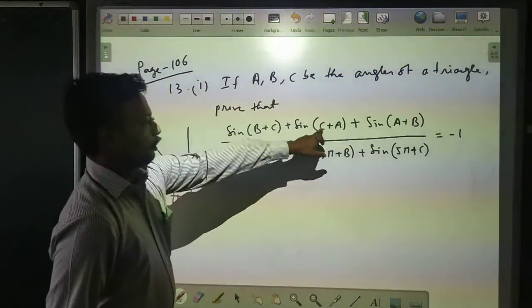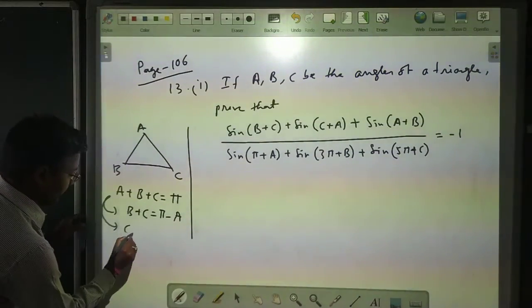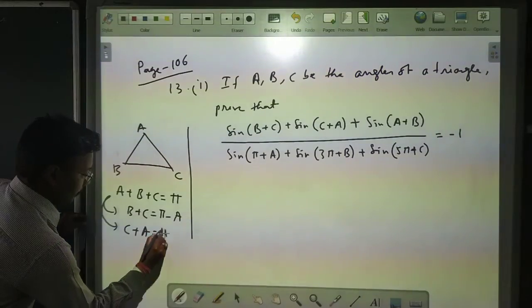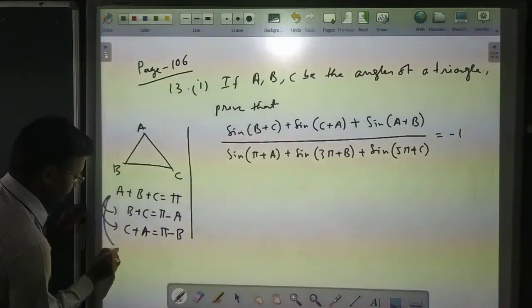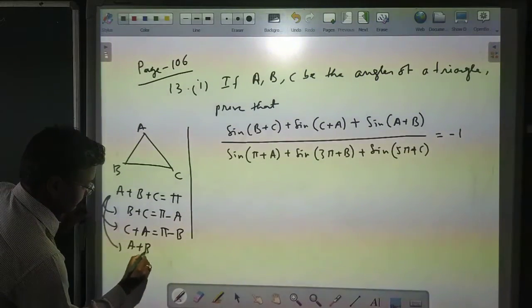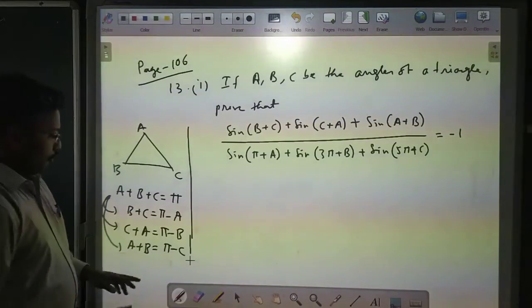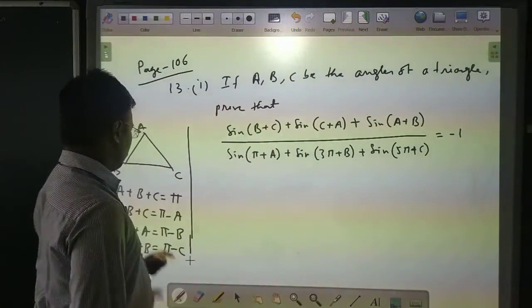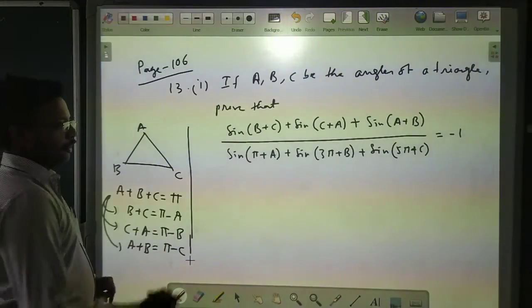Similarly, for c plus a, we will be getting pi minus b, and a plus b is pi minus c. So, in case of b plus c, we can easily write pi minus a. Okay?